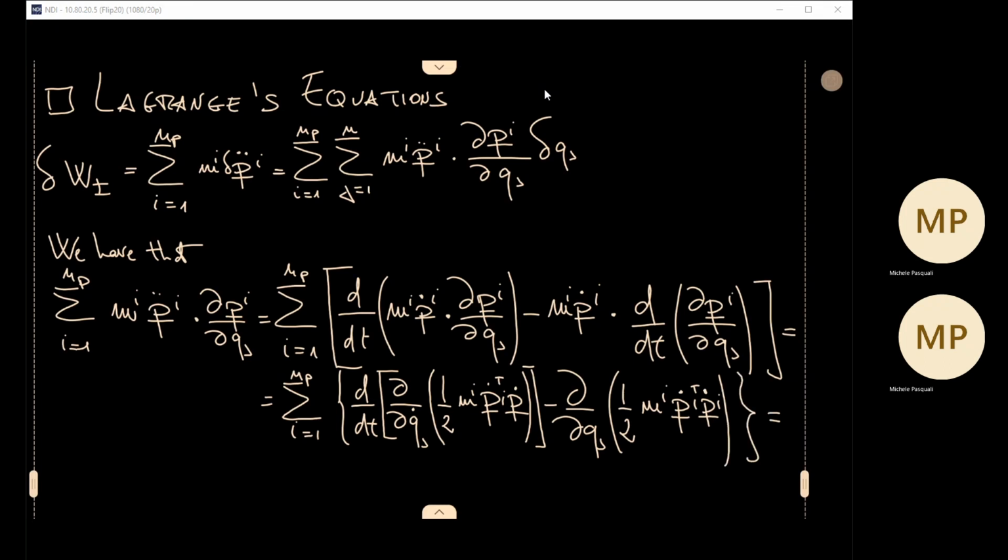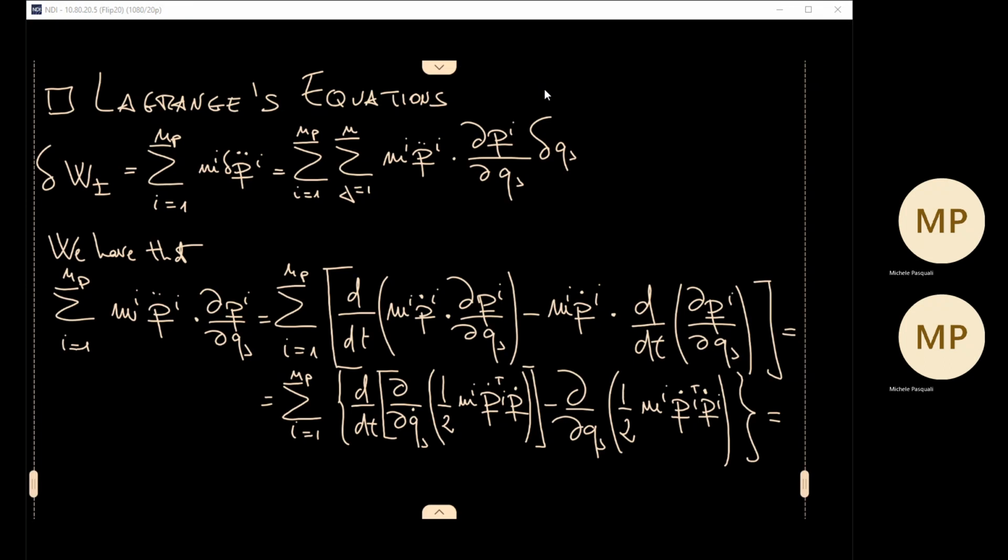Okay, so I basically brought the partial differential sign outside, and introduced also a partial derivative with respect to time of generalized parameters.